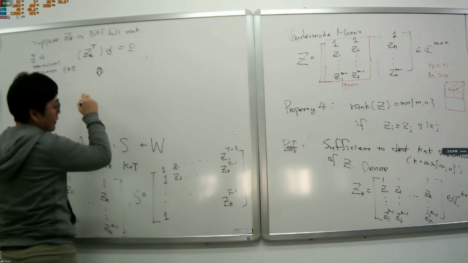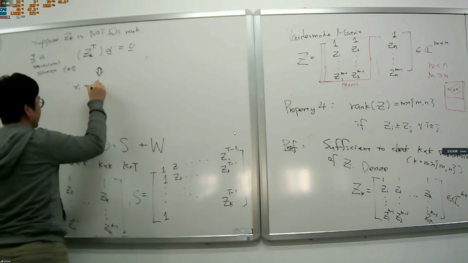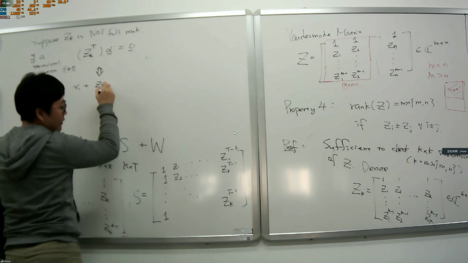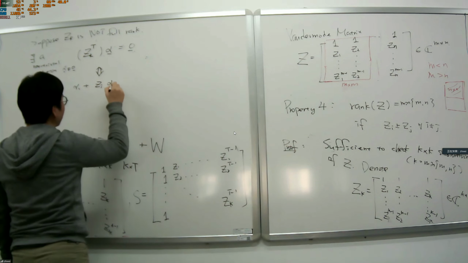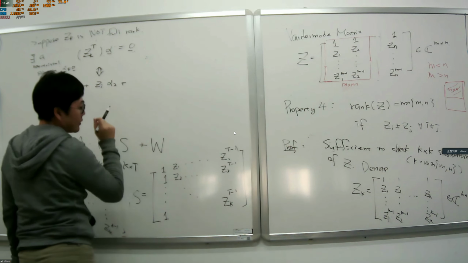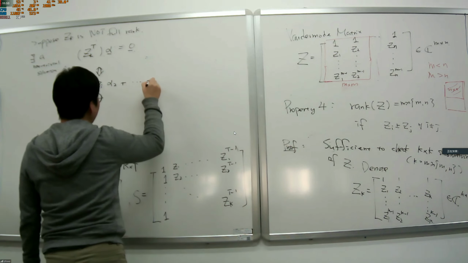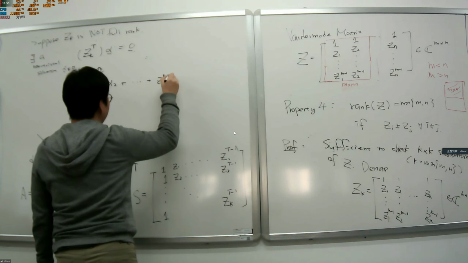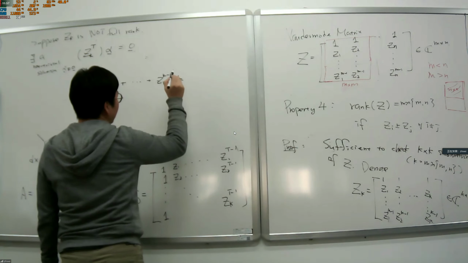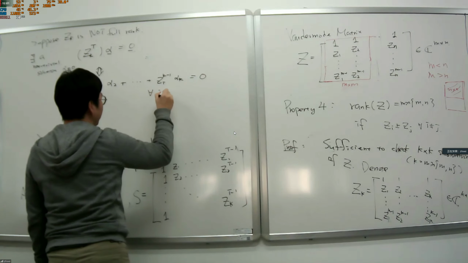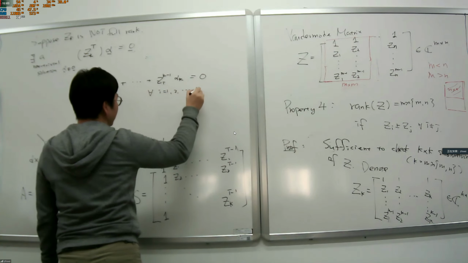alpha_1 plus z_i alpha_2 plus ... z_i to the power k minus 1 alpha_k equal to 0, for all i from 1 to k.